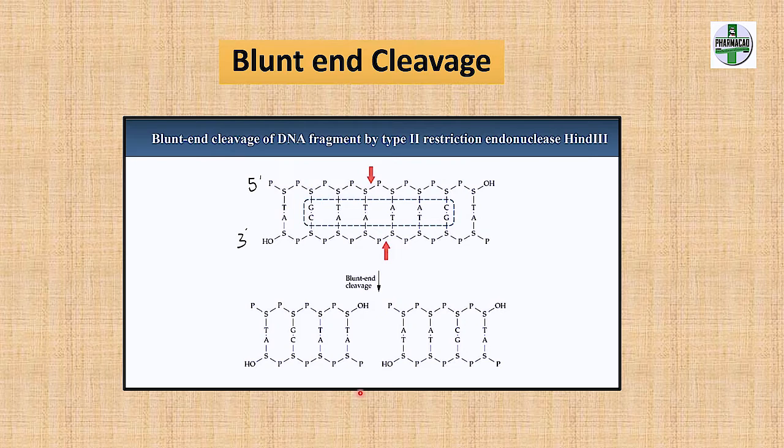The next question that arises is, how do we choose these restriction endonucleases while designing an experiment? For that, we usually are aware of the gene sequence. For example, let's consider we are interested in inserting the insulin gene. So we know the human DNA sequence, and we know the gene sequence of insulin.